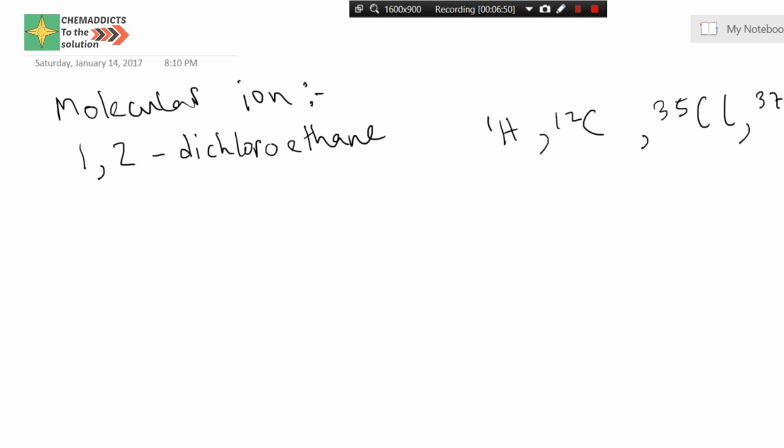So the first possible combination is this. By the way, we all know the structure of ethane, so chloroethane will be similar to ethane.